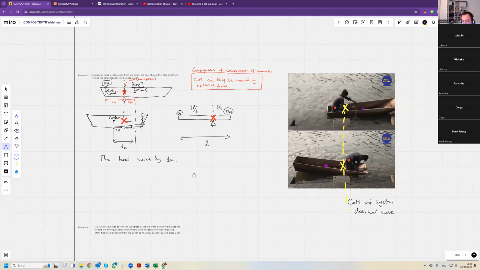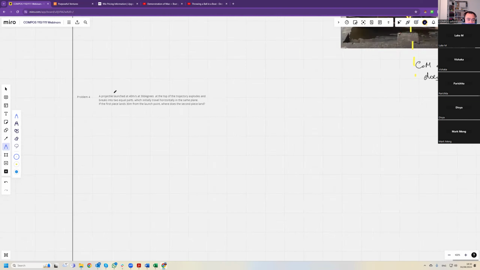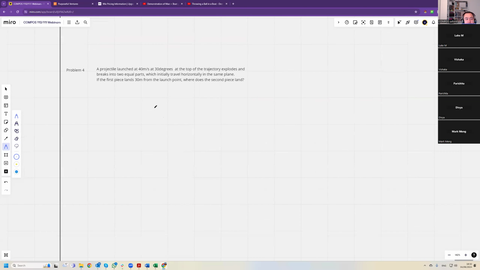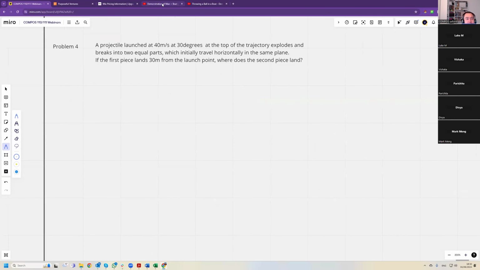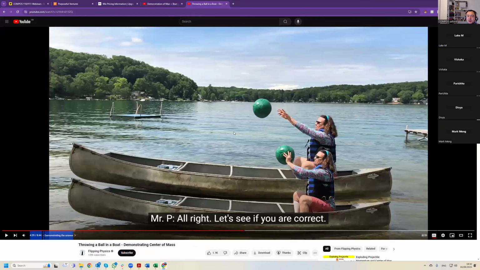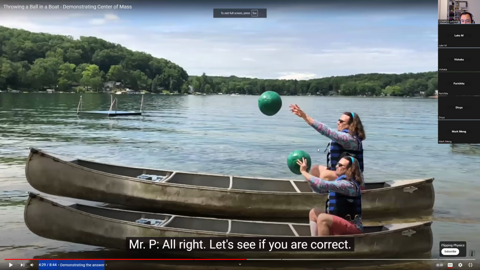So with that in mind, let's go to problem 4. Oh no, sorry, there's another experiment. So here, the person is throwing a heavy ball. And what would happen when the person throws a heavy ball?